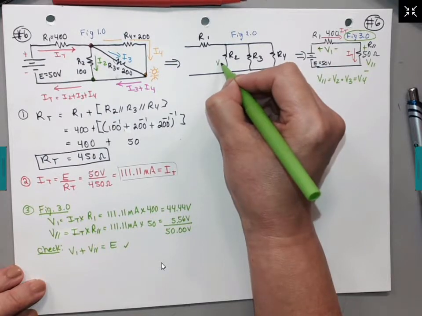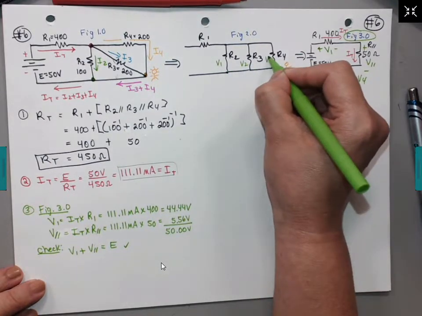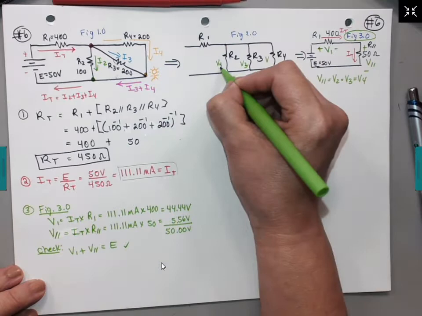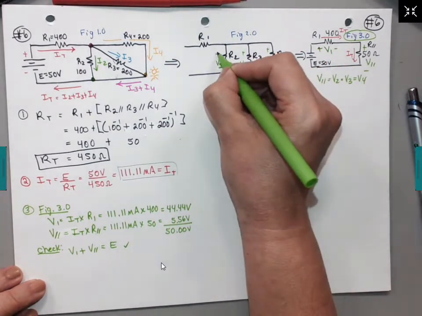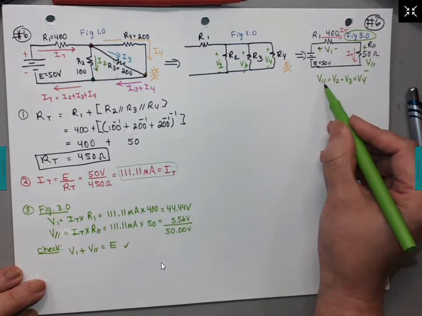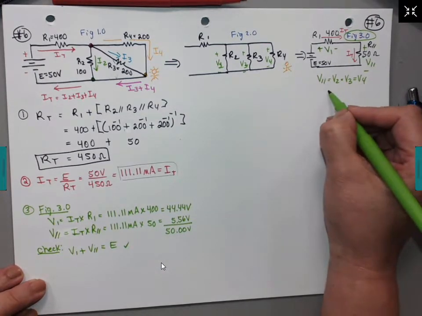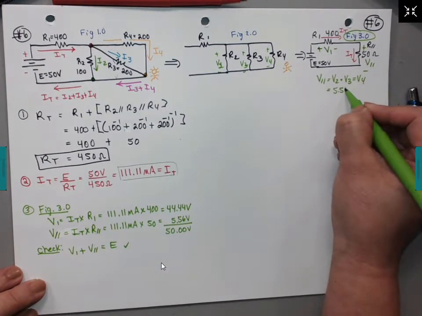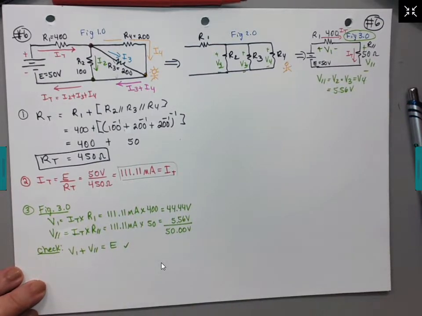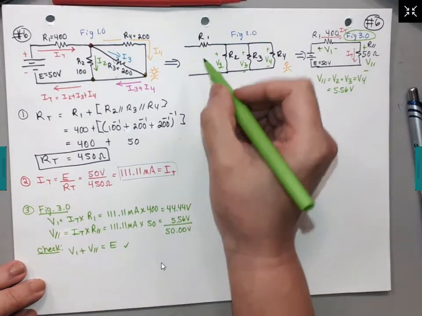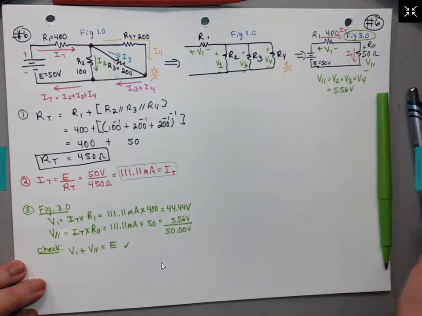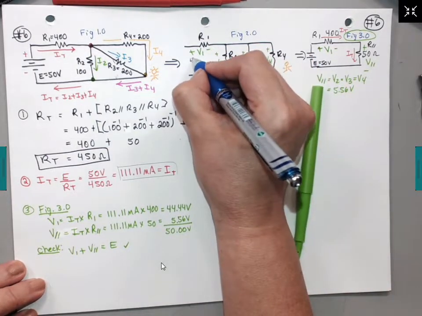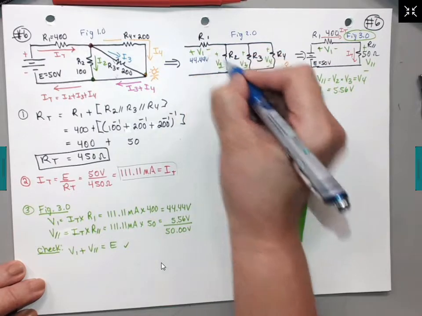So this guy is V2, V3, and V4, and they're all going to be V parallel, which is going to be 5.56 volts because they're in parallel. And V1 is going to be right here. V1 is going to be equal to 44.44 volts.